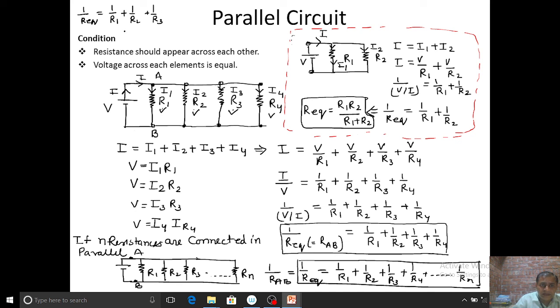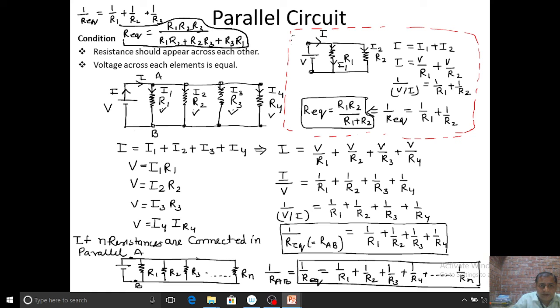This can be written as R equivalent is equal to R1 R2 R3 divided by R1 R2 plus R2 R3 plus R3 R1. So this is the formula for three resistors connected in parallel.